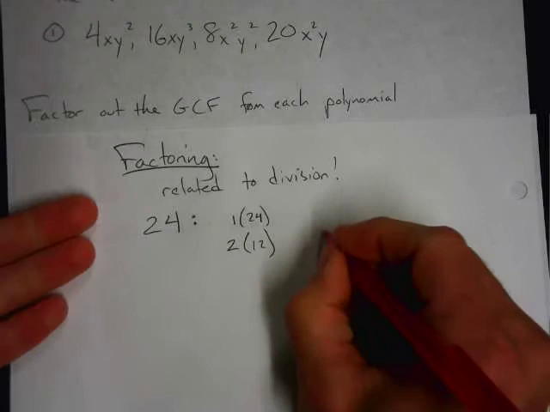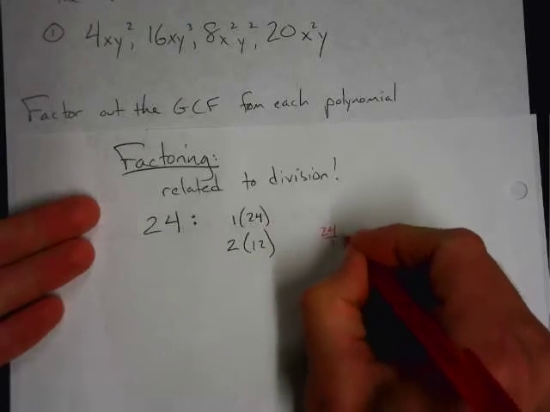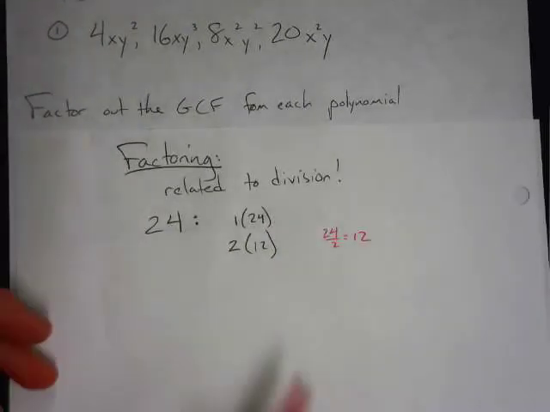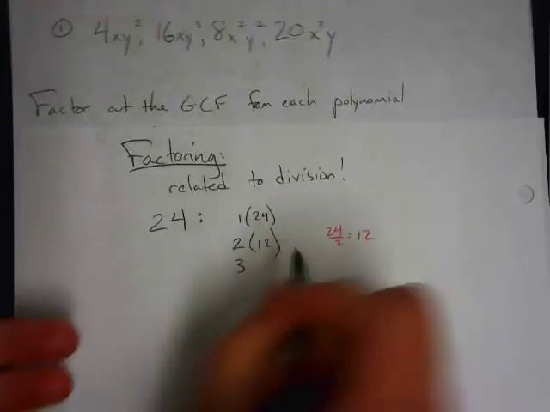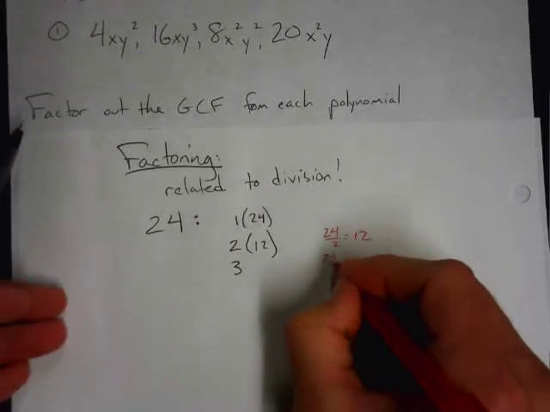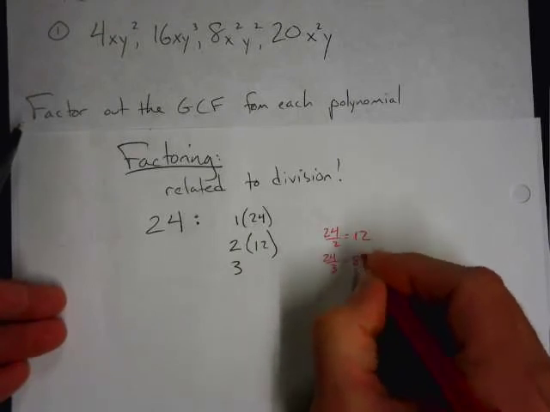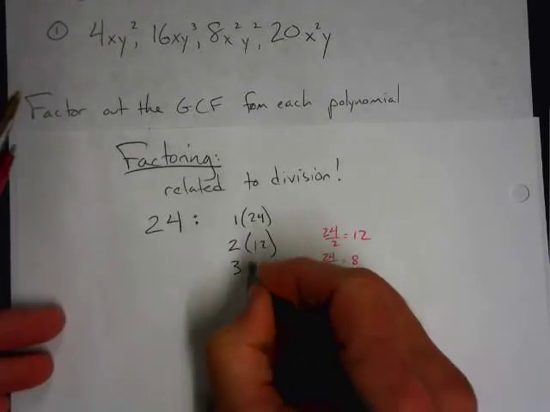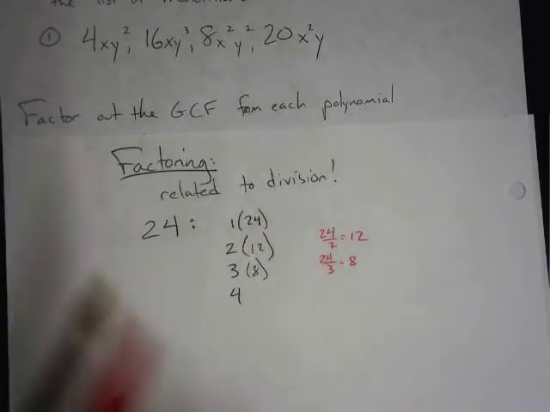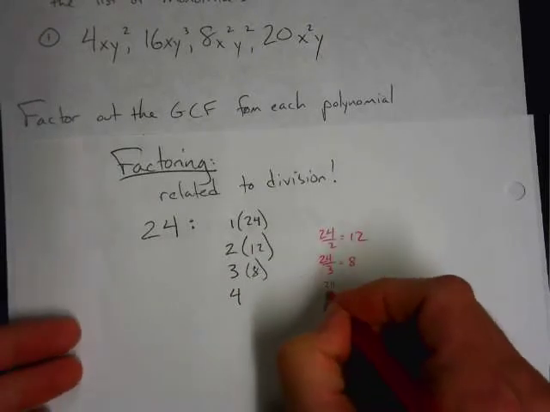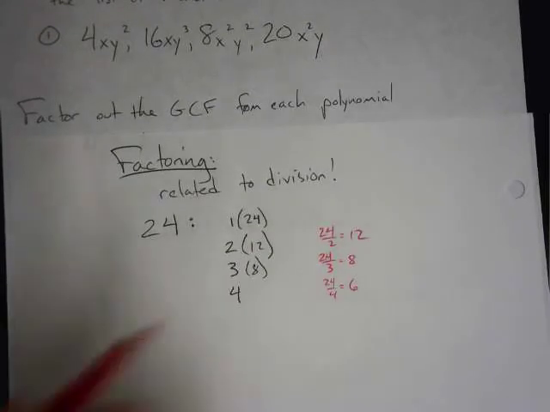Because 24 divided by 2 equals 12, so I can rewrite it as 2 times something. I know 3 goes into 24, so 24 divided by 3 is equal to 8. So 24 is 3 times 8. This is factoring. What I'm doing is dividing each time. The same with 4: 24 divided by 4 is 6, so I can show it that way.